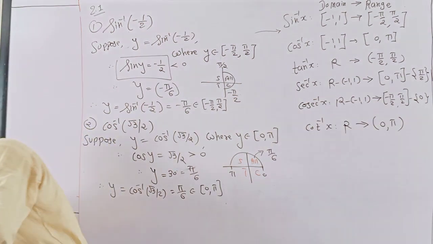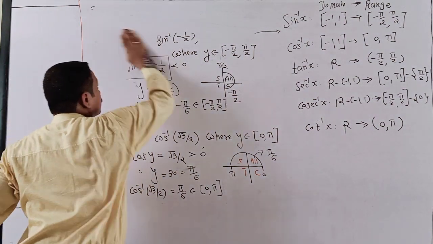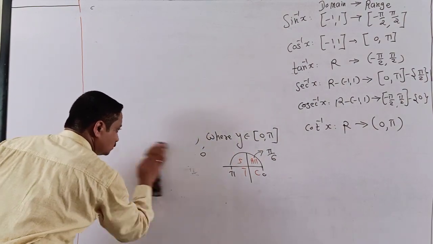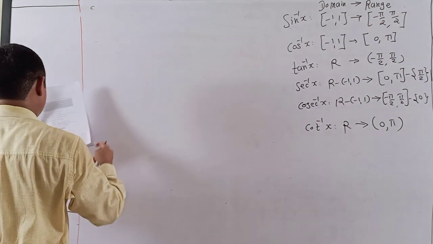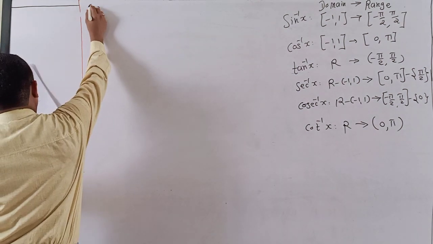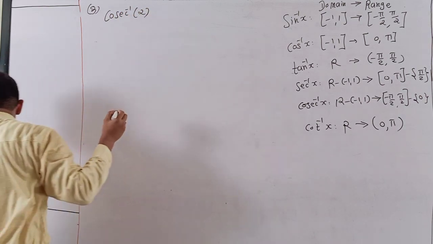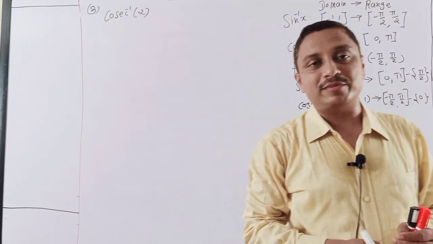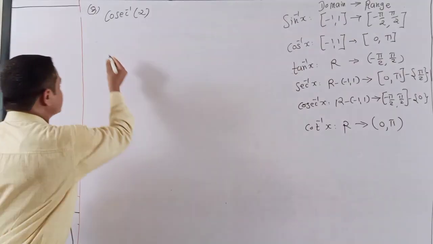Continue and move ahead. Question number 3. In the third one, cosec 2. You know that, students, when is cosec 2? Yes, it is 30, pi by 6. So your direct answer is pi by 6 here, covered. But I go method wise.